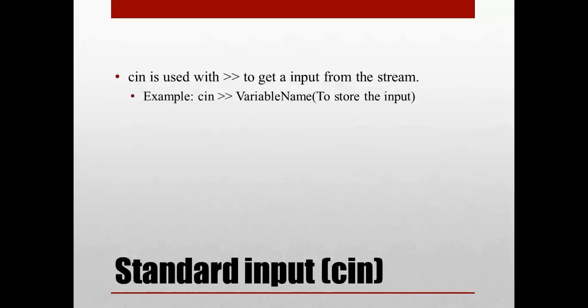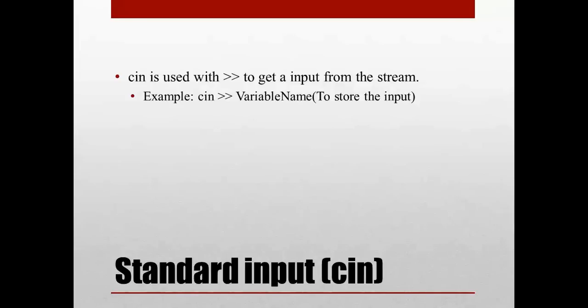This is called the input stream operator. It will take the user input from the keyboard. Whatever the user types in, it's going to take that typed word as an input stream, and store it into a variable.